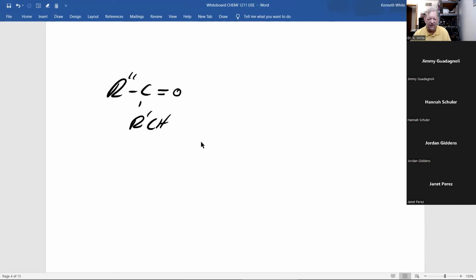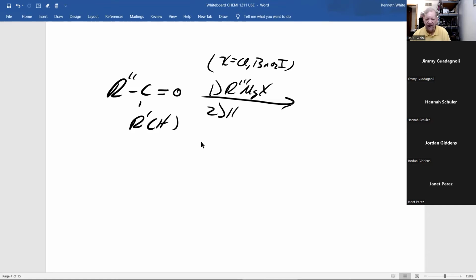Start with an aldehyde or ketone. First step, Grignard. R triple prime can be different from R prime or R double prime. Second step, acid and water.